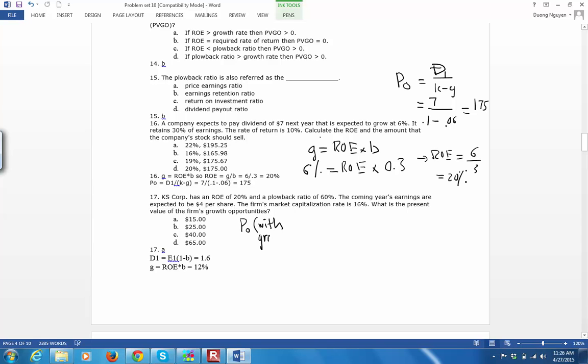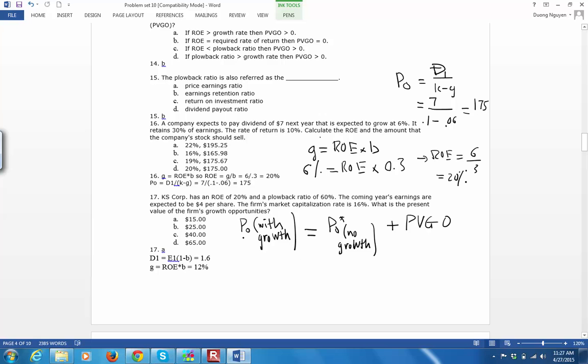The stock price of any company will always have two components. One is P0 star, which is no growth, the value without growth. And second is the value that reflects the growth potential of the company, which is PVGO, present value of growth opportunities.